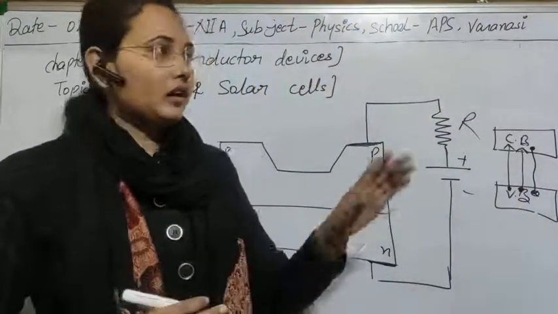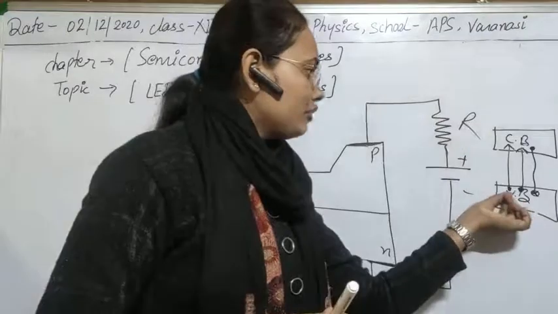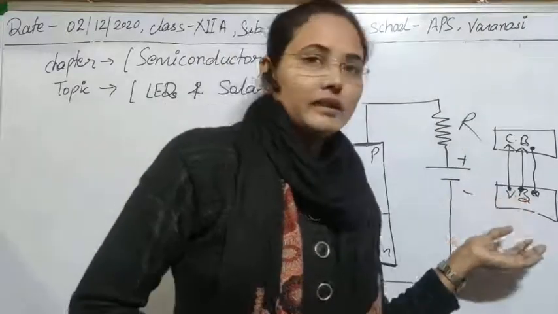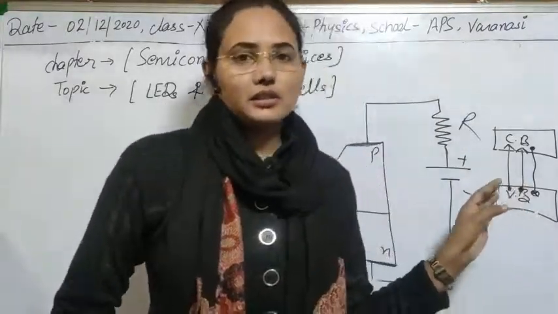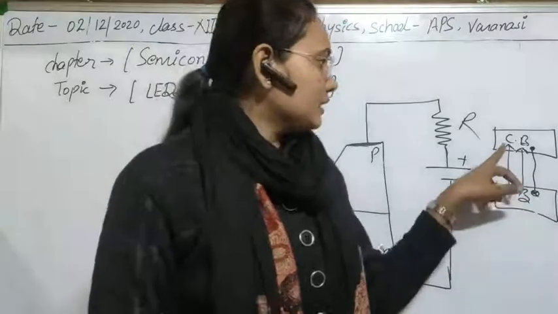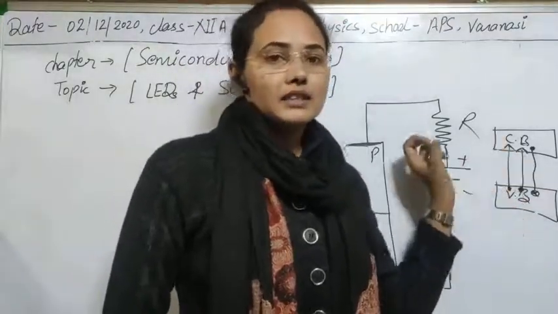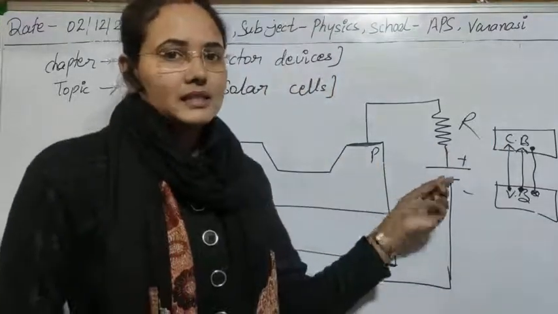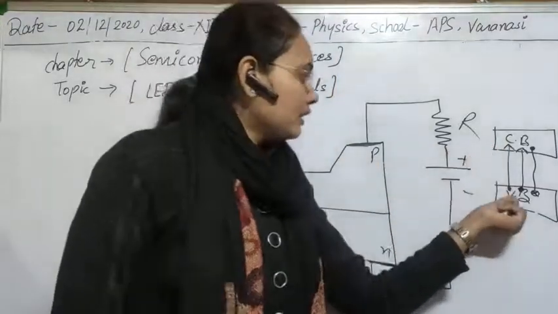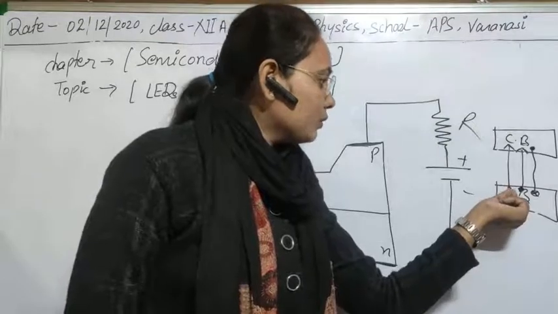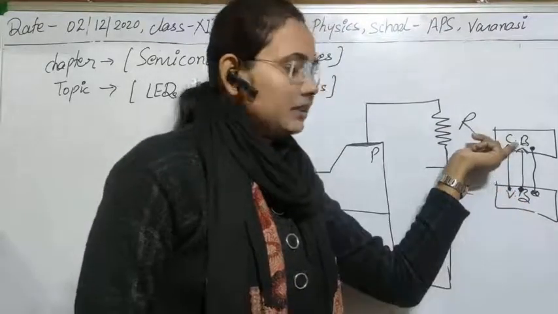In that case the concept of holes is not really there, but we can still understand it easily. First of all, try to understand from here. Whenever we add sufficient energy to the system, equal to or greater than this band gap energy, the electron goes from the valence band to the conduction band.